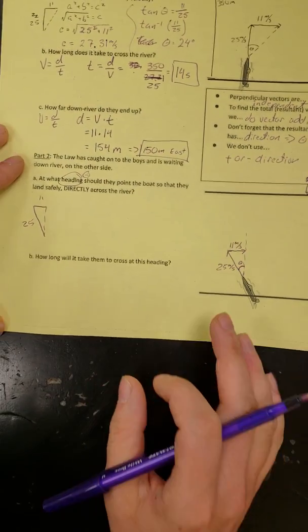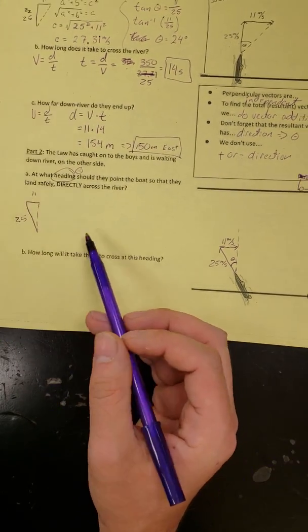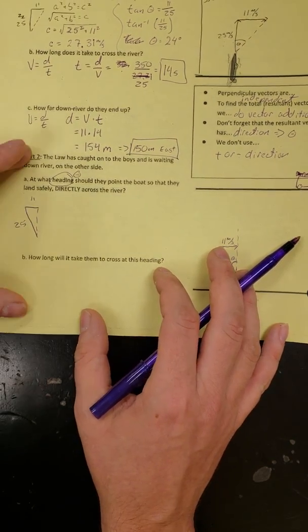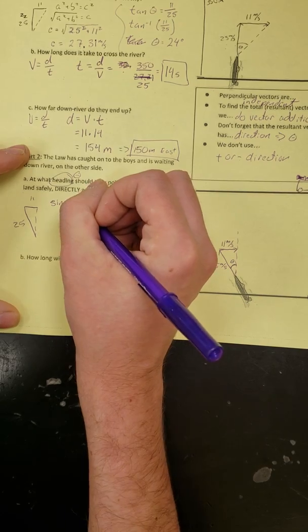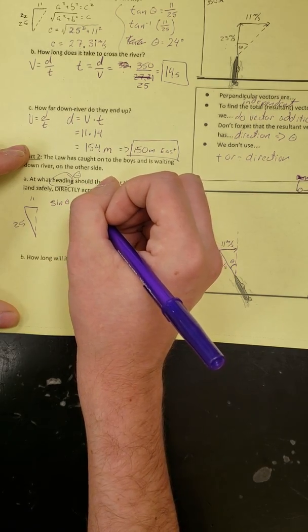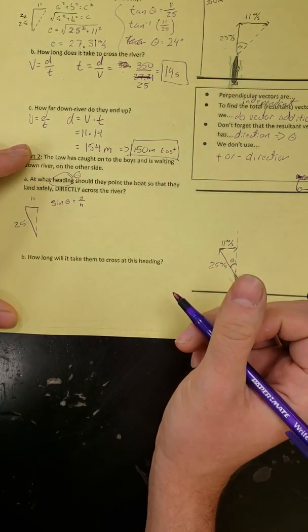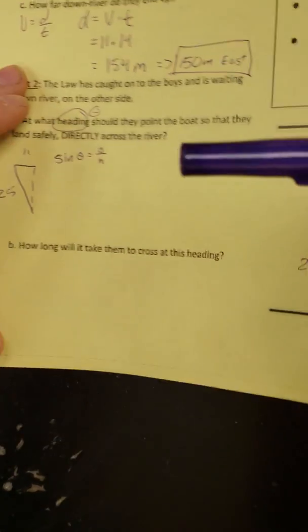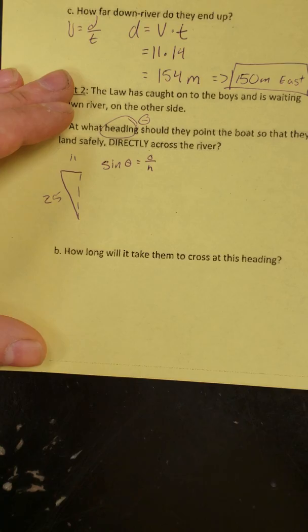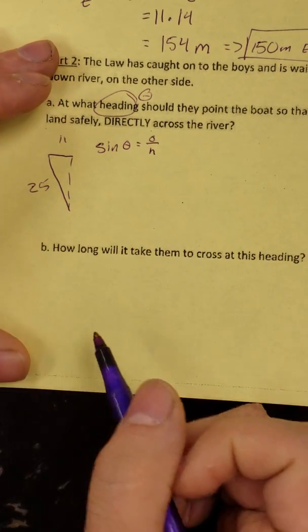So we've rearranged this. To figure out our angle, we're going to use sine, which is opposite over hypotenuse. Let me zoom in so you guys can actually see this a little better. There we go.